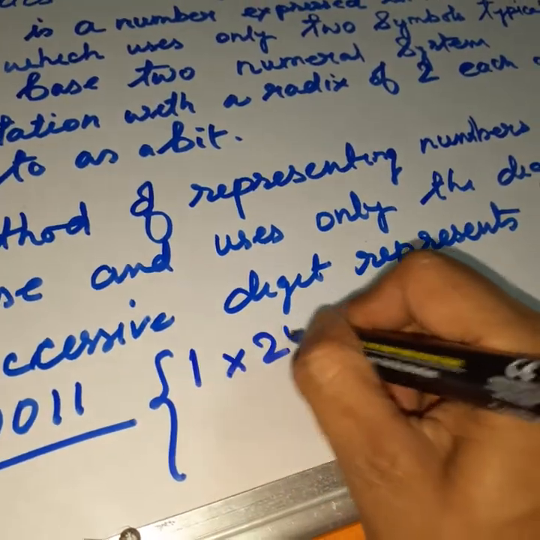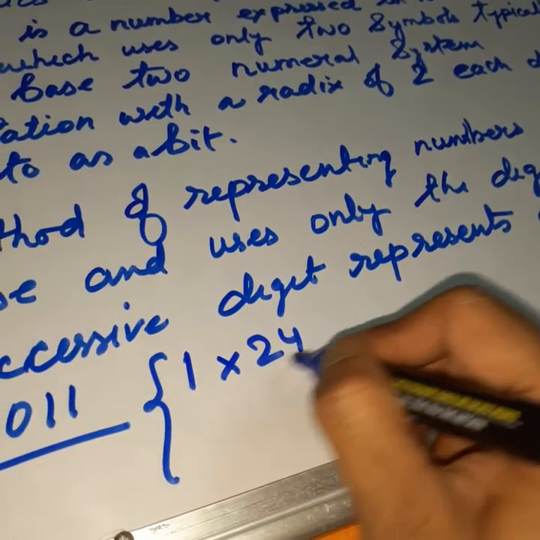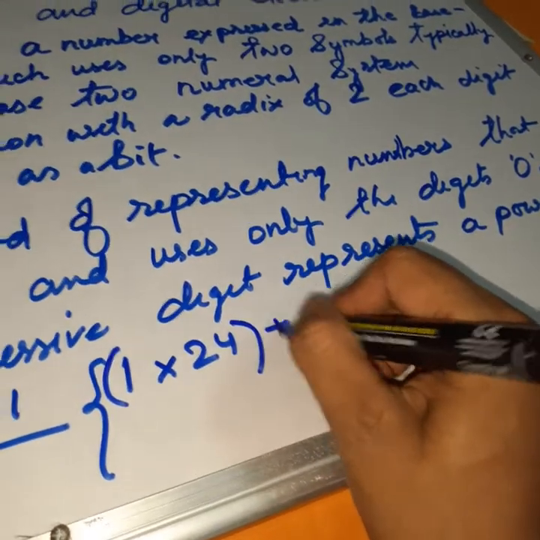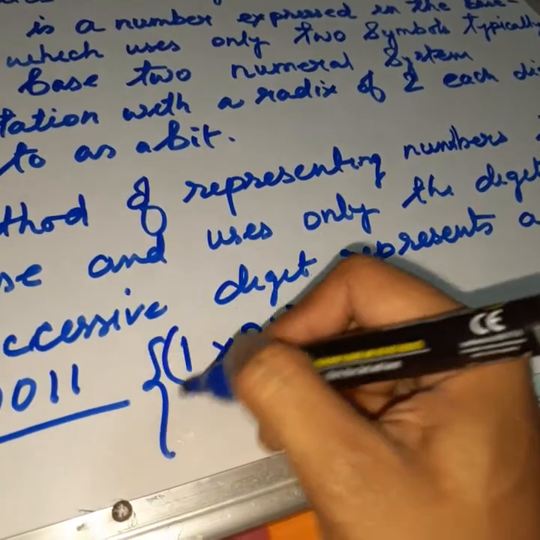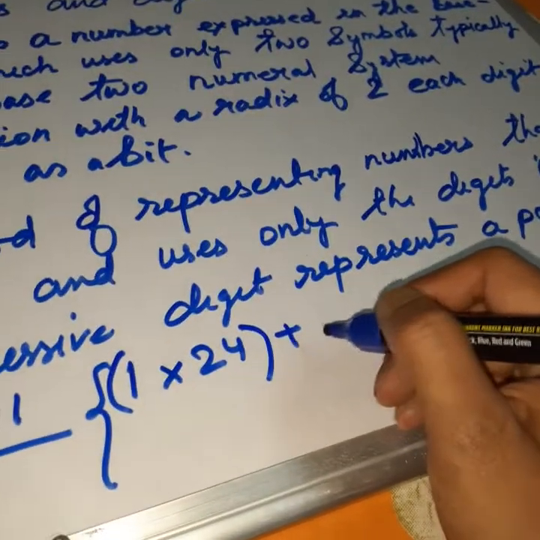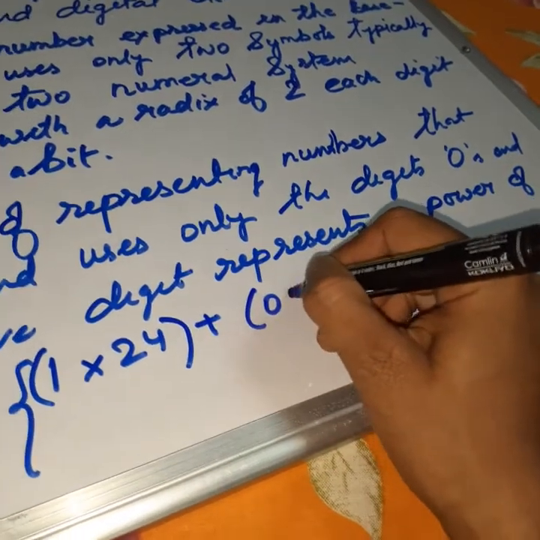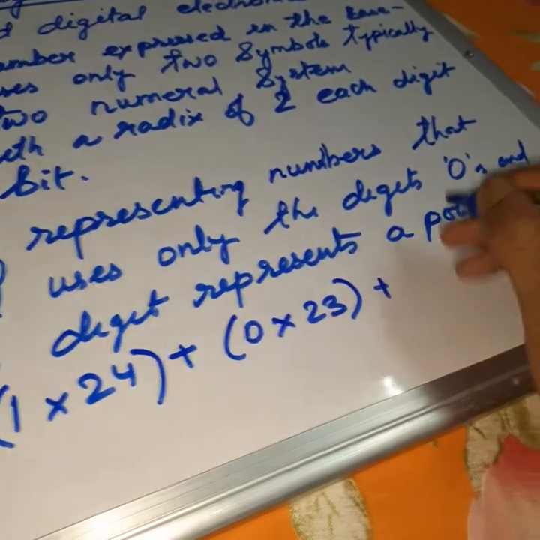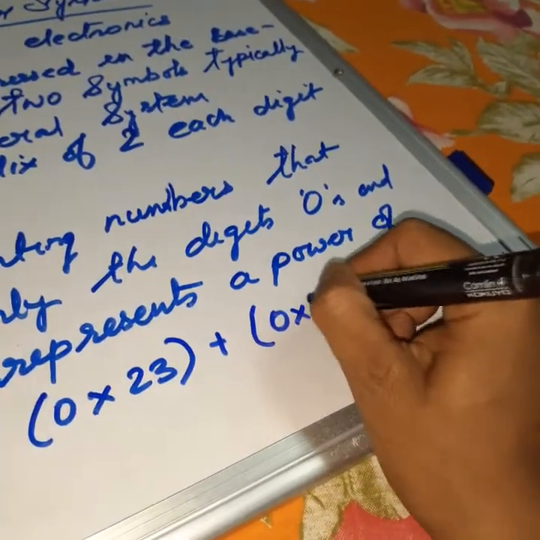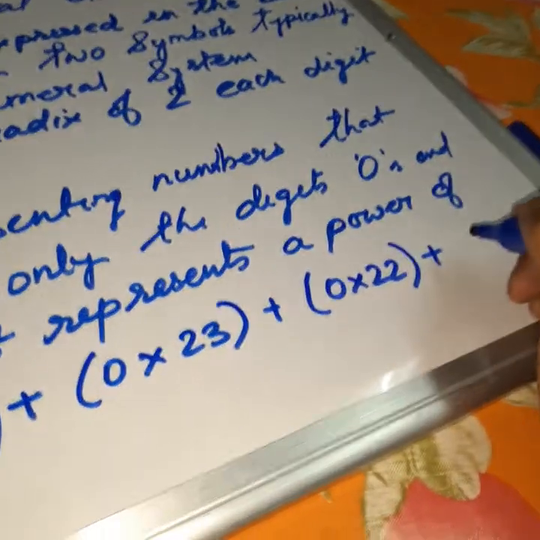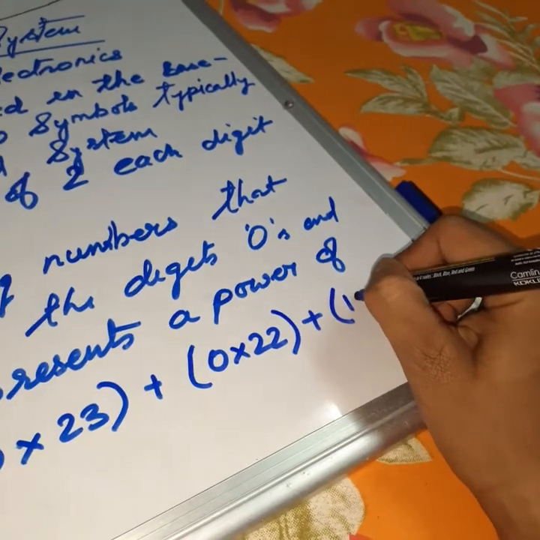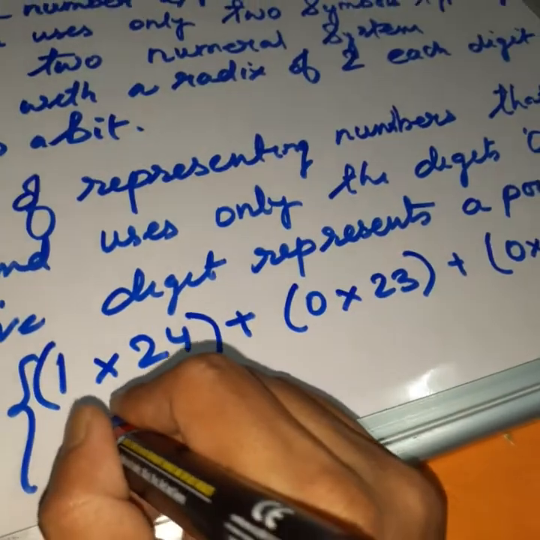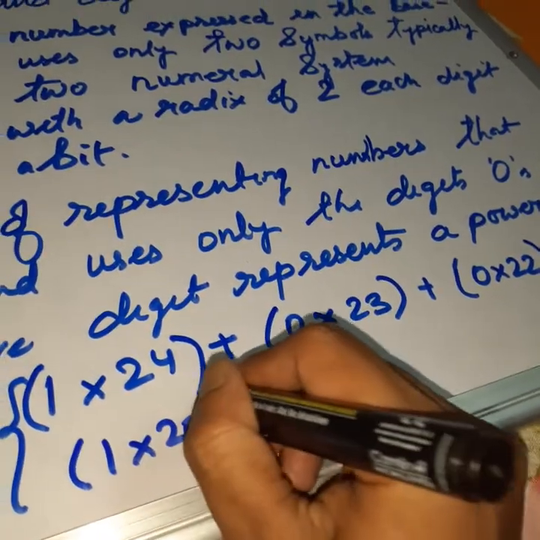Look at these digits nicely. 1 into 2^4, plus 0 into 2^3, plus 0 into 2^2, plus 1 into 2^1, plus 1 into 2^0.